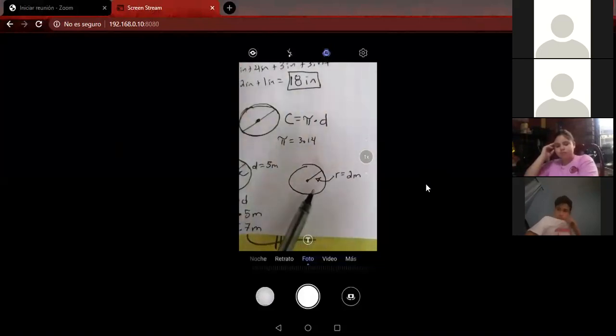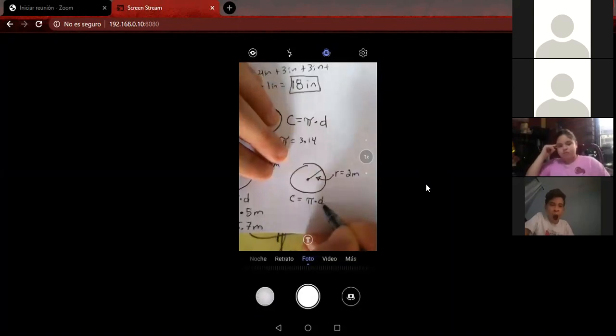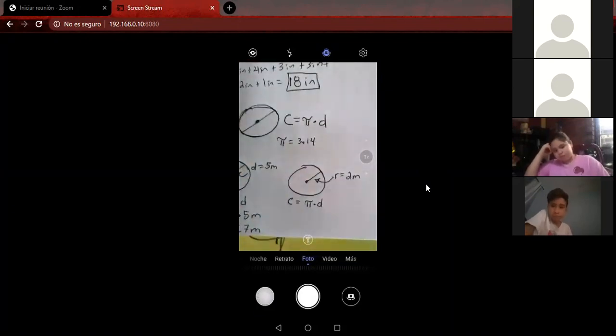Now, the next one. I don't give you the diameter, I give you the radius. But my formula uses D, the diameter. How do I get my diameter from this radius? Does anyone know?